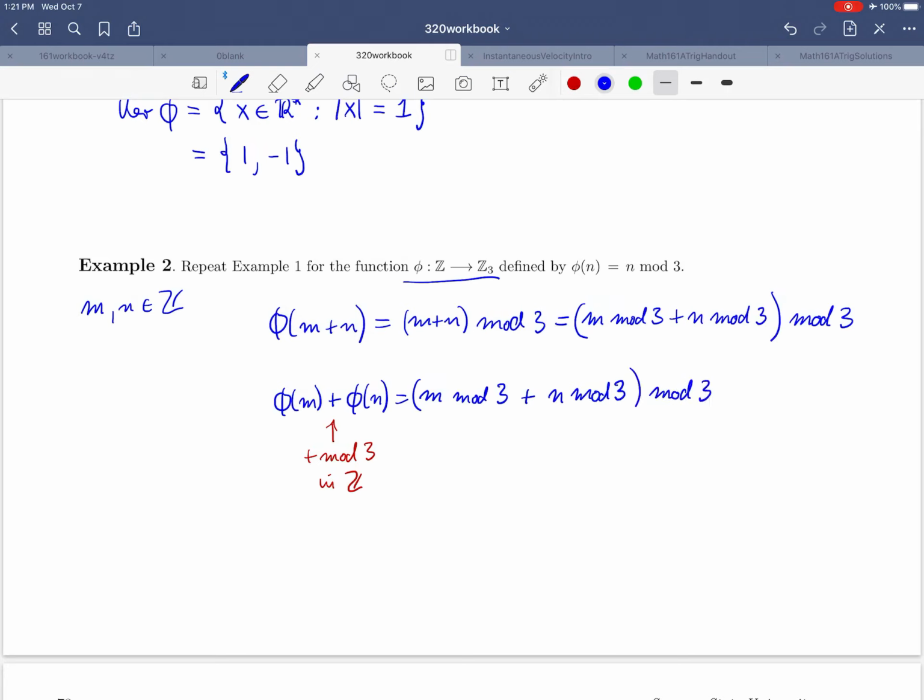We have to take our sum and mod by 3, and we see that these two things are equal, and so our operation is preserved, and so we can conclude that phi of m plus n is equal to phi of m plus phi of n, and so phi is a homomorphism.